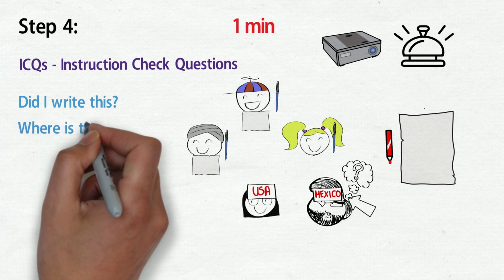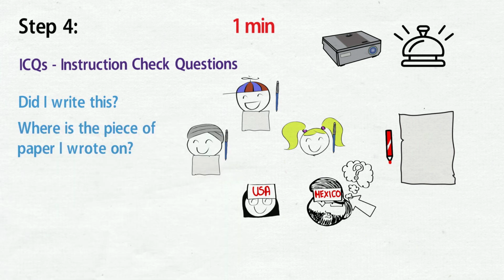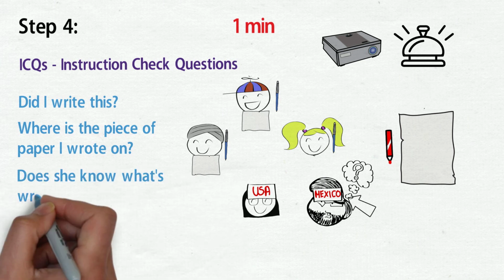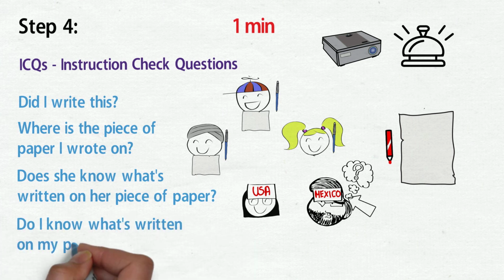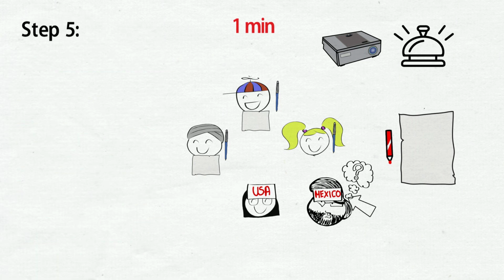"Where is the piece of paper I wrote on?" "She has it." "Does she know what's written on her piece of paper?" "No." "Do I know what's written on my piece of paper?" "No."